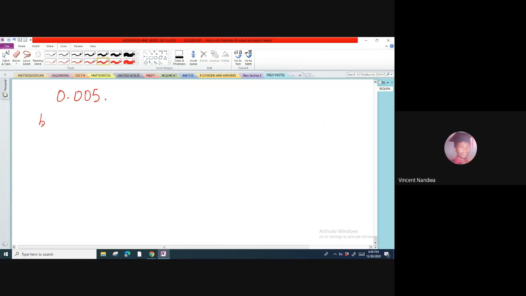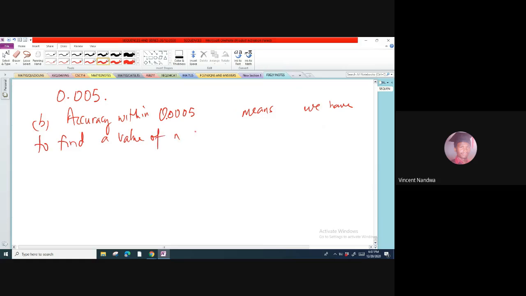Then B: accuracy within 0.0005 means we have to find a value of n such that R_n is less than or equal to 0.0005.